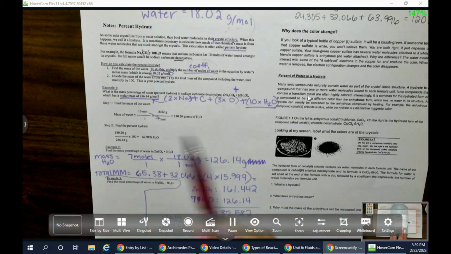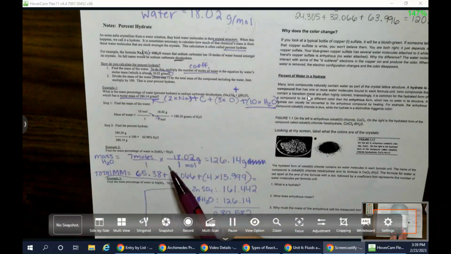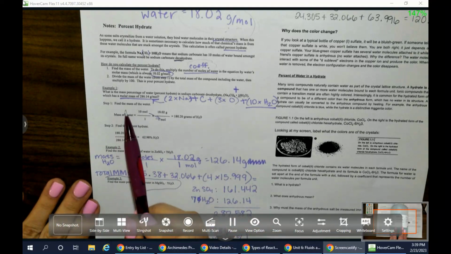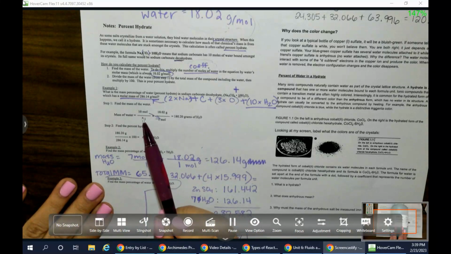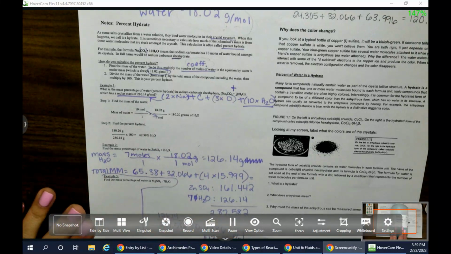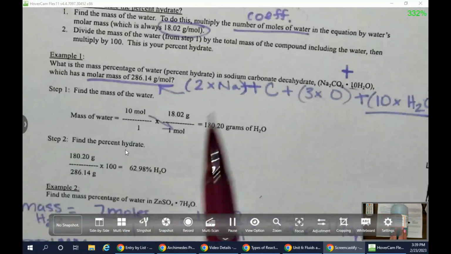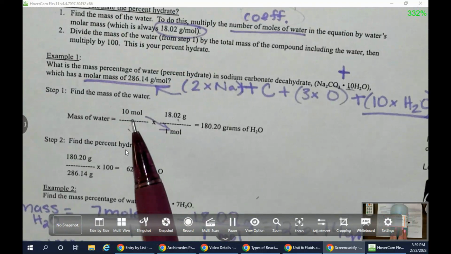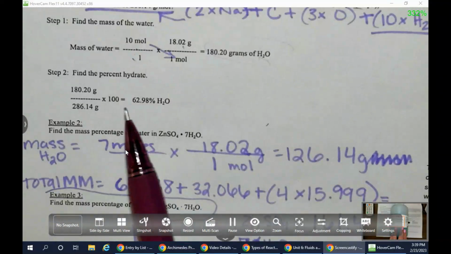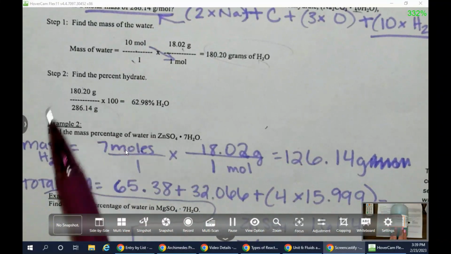Then we got to run through the process of finding the percent composition of water with the formulas, right? And so we first had to find what is the mass of water. So ultimately what we're doing is we're saying, okay, water is 18.02, and I'm going to multiply it by whatever that coefficient value was. And then you get that number. And then we take that divided by the total molar mass.